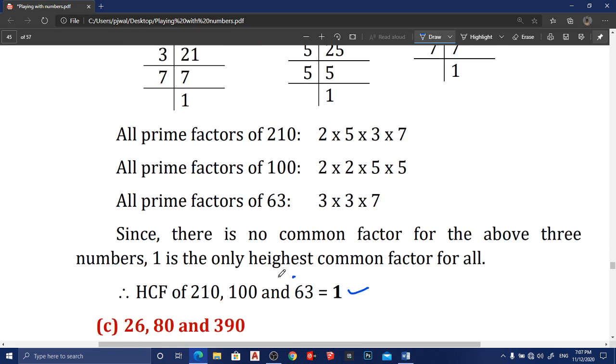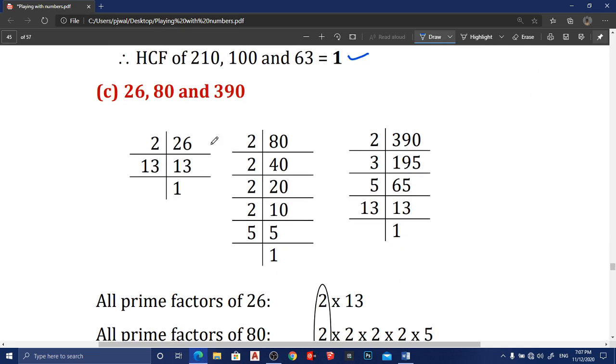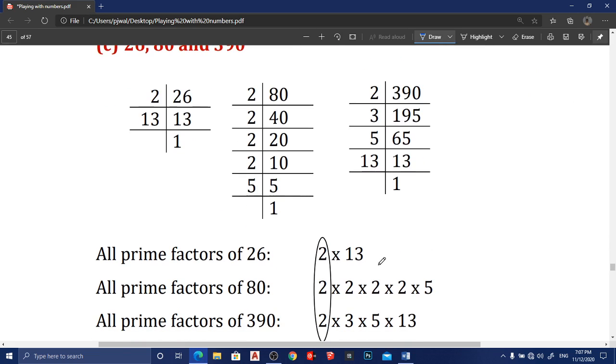Okay, next one: 26, 80 and 390. Take the individual prime factors. 2 13s, 13 1s. 2 40s, 2 20s, 2 10s, 2 5s, 5 1s. Here 2 1s are 2, 1 remainder 19; 2 9s are 18, again 1 remainder; 2 5s are 10.